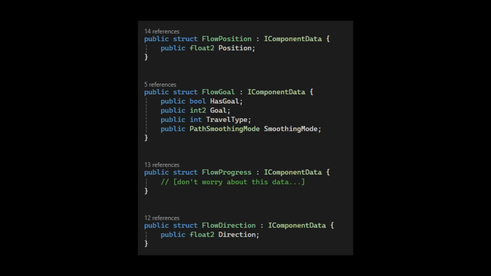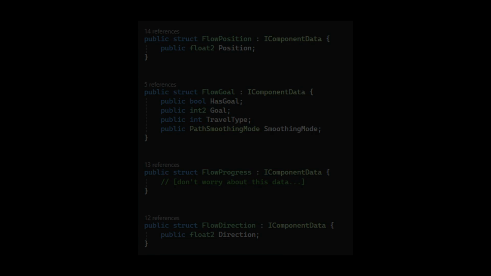This is what tells the Pathfinder where your agent wants to go. So far, pretty simple. Flow progress is something that you don't have to worry about. It's all internal data that I'm using in the pathfinding system. Just make sure that the component is on the entity. And the flow direction gives you your final result. It tells you which way the Pathfinder thinks this agent should move.